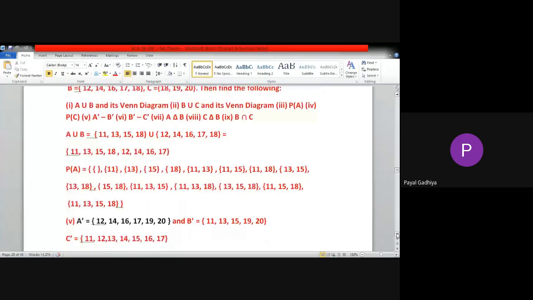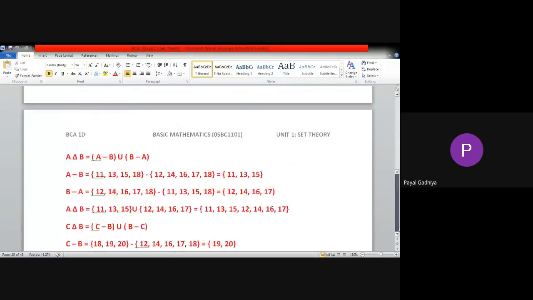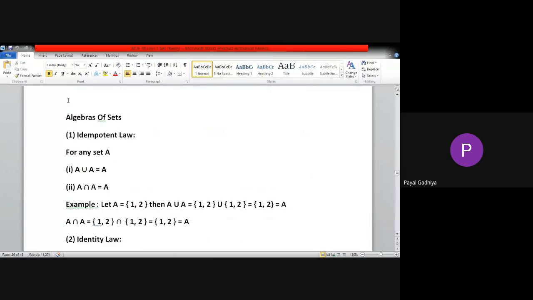Okay, before starting the next topic, let us revise something. Here I am writing on the screen. I just want to check whether you remember every concept or not.